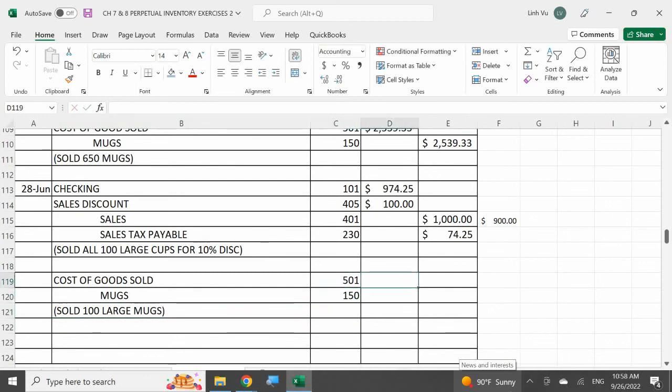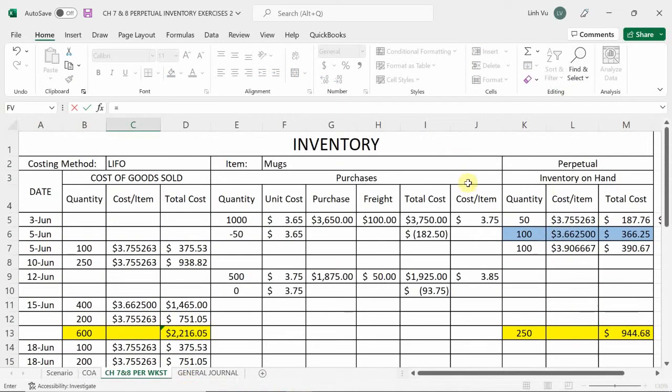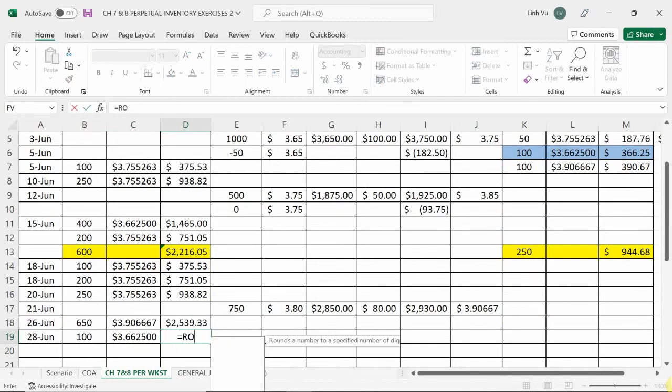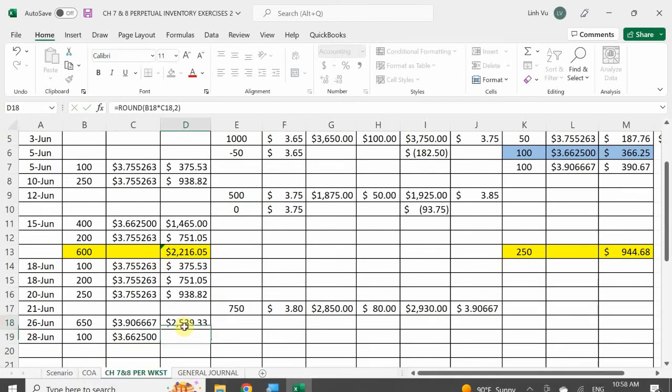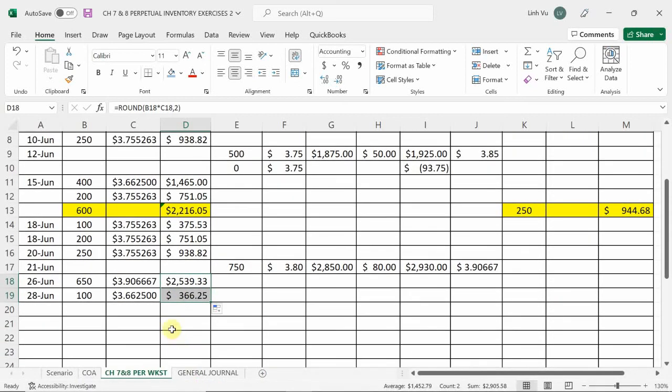Okay. So in this case, I'm going to go to my inventory worksheet. Right? Today is the 28th, and we sold the 100 large coffee mugs. And right now, they cost me $366.25. So I already know it's going to cost me a total $366.25, right?